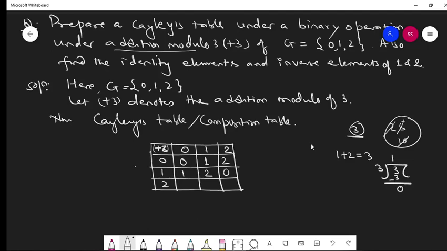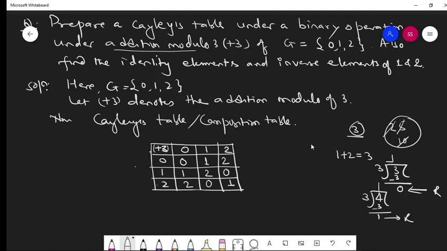That's why you can write the remainder here. The sum of two digits is divided by 3, and the remainder is written in the table. So 2 plus 0 is 2, 2 plus 1 is 3, that is 0, and 2 plus 2 is 4. 4 divided by 3, one 3, the remainder is 1. That's why here you can write 1.